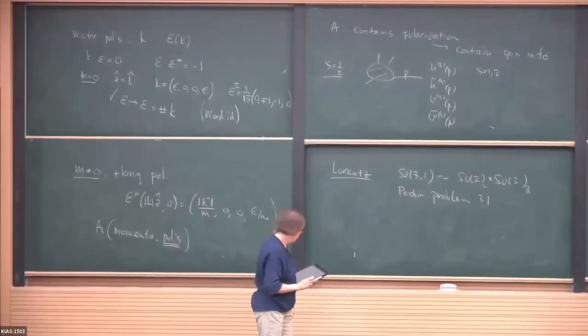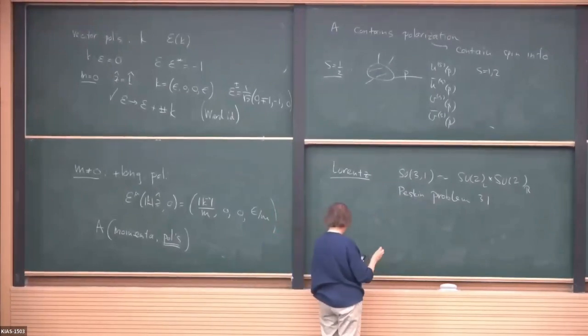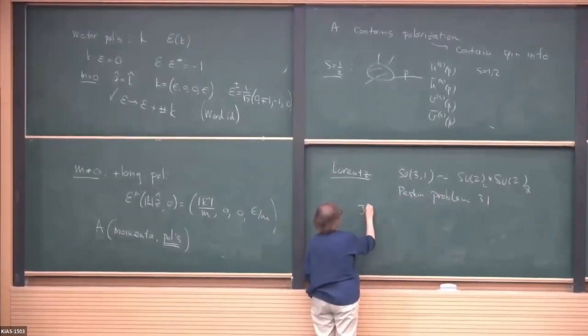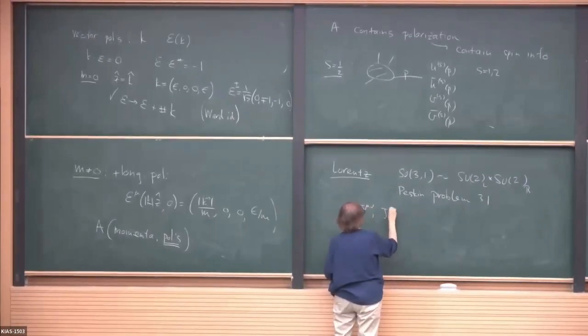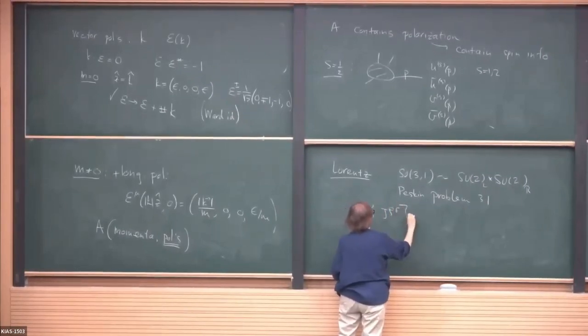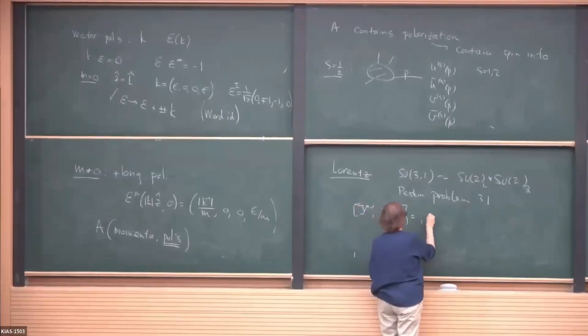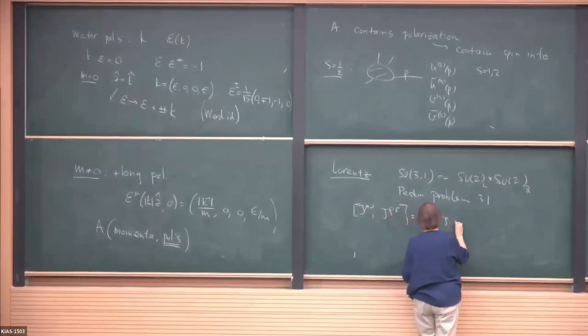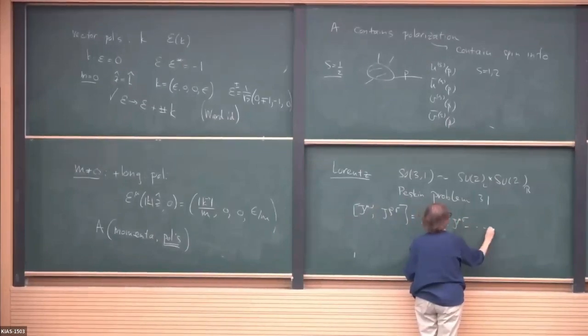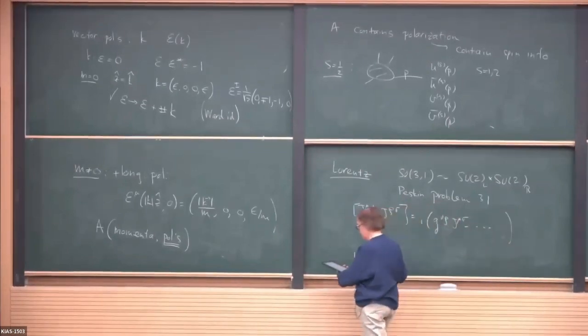Because it's super useful. And there what you do is you remember that the Lorentz generators, or the Lorentz algebra, is this. It's this terrible mess here: g mu rho J mu sigma minus and plus other things.